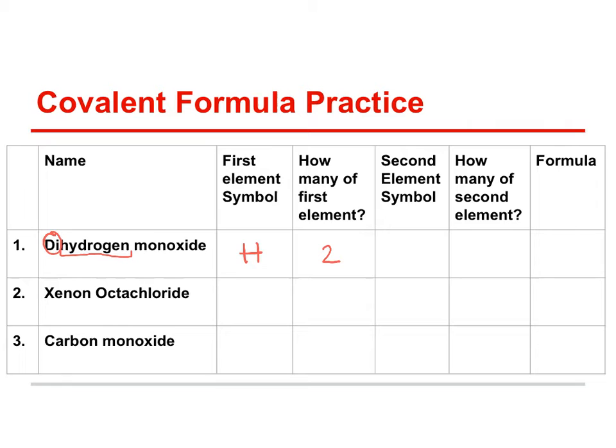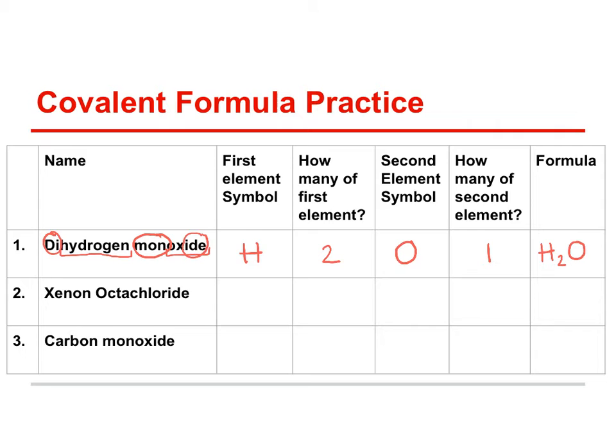My second element, oxide: remember we changed that ide ending, so I have to put it back to oxygen to find the element, O. And my prefix is mono, and mono means 1. So my formula is H subscript 2 O, and remember I don't write subscripts of one, so just H2O. Dihydrogen monoxide is the chemical name for water, H2O.